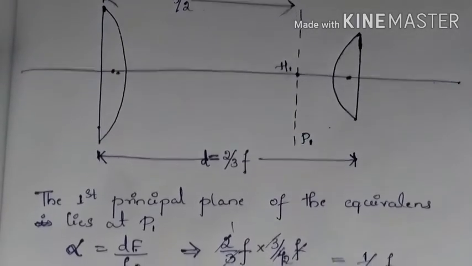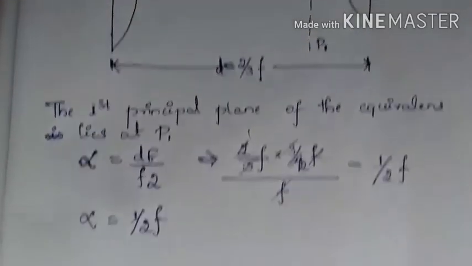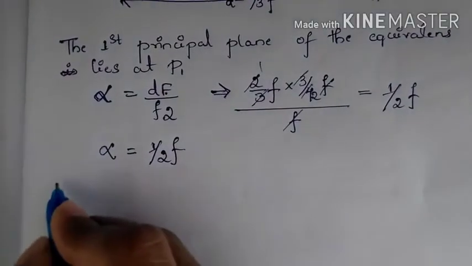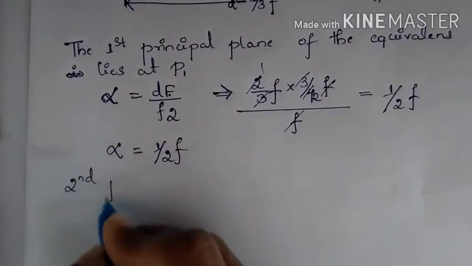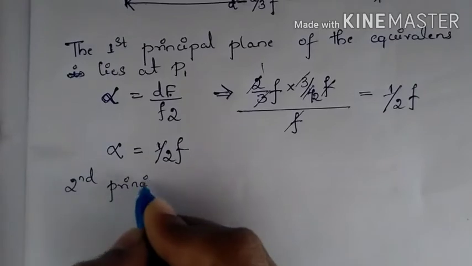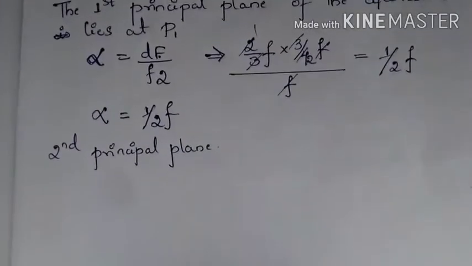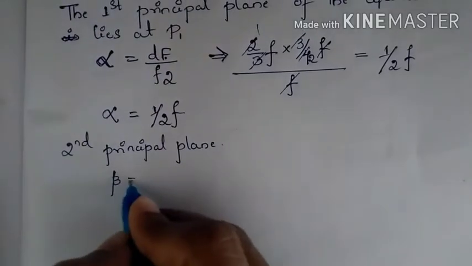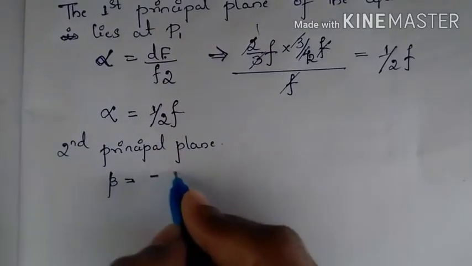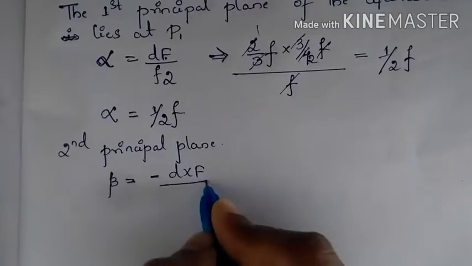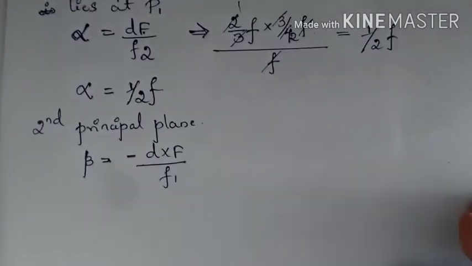Next, for second principal plane P2, we have to find the second principal plane. So we can write the formula as beta is equal to minus d multiplied by f divided by f1.